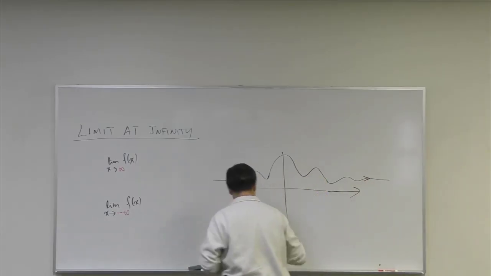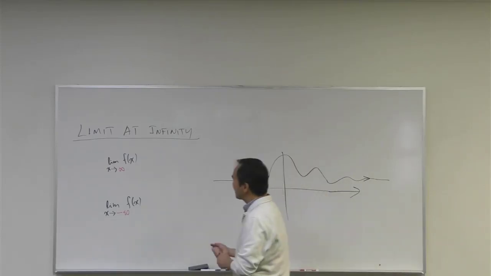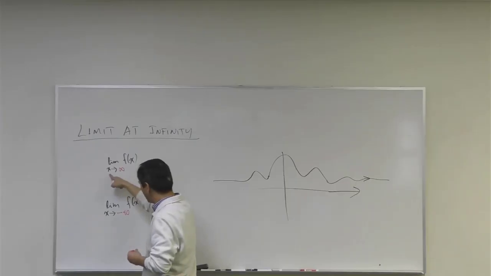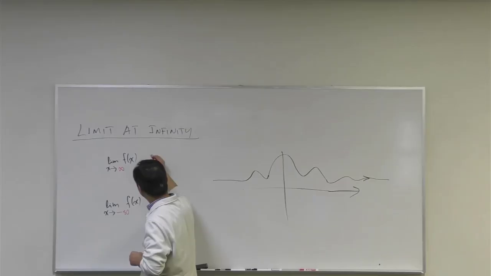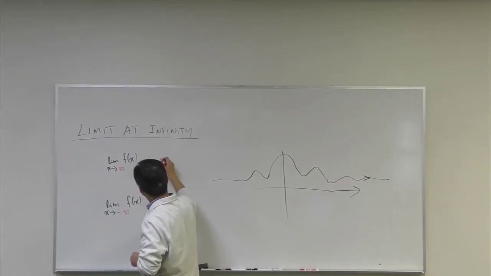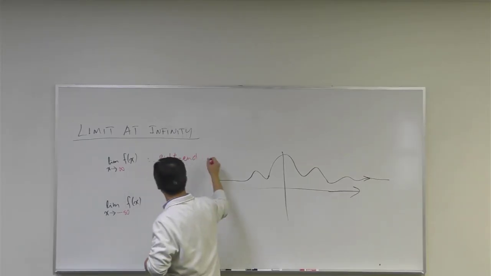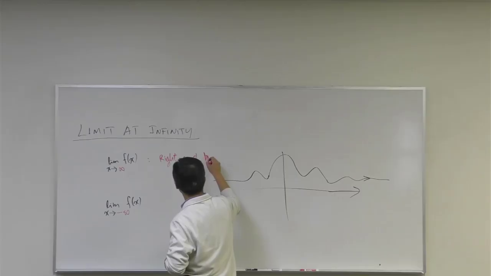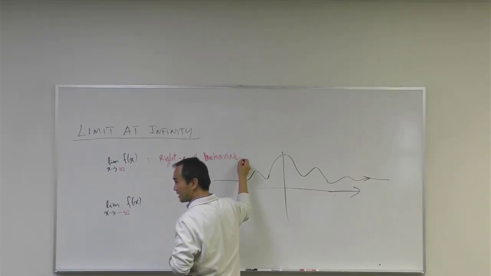That's the reason why you may hear me and many other professors saying that limits, when x tends to or is approaching positive infinity, another way of saying it, is about the right-hand behavior.